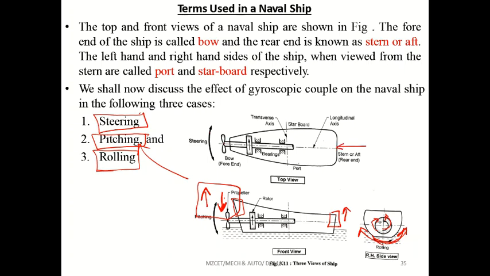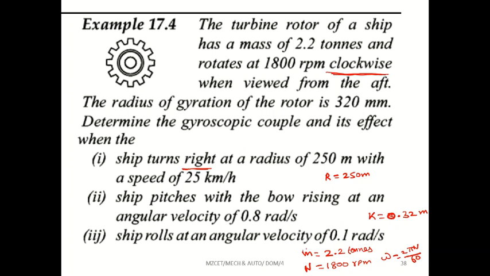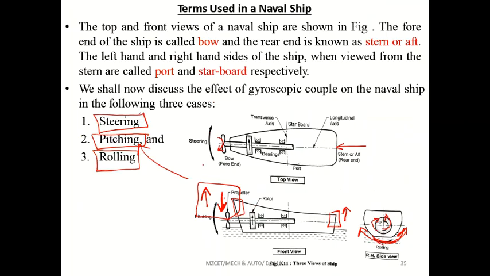Clockwise means like this. But the ship tries to turn to the right-hand side, this side. The propeller is rotating this way and the ship is trying to turn this way.